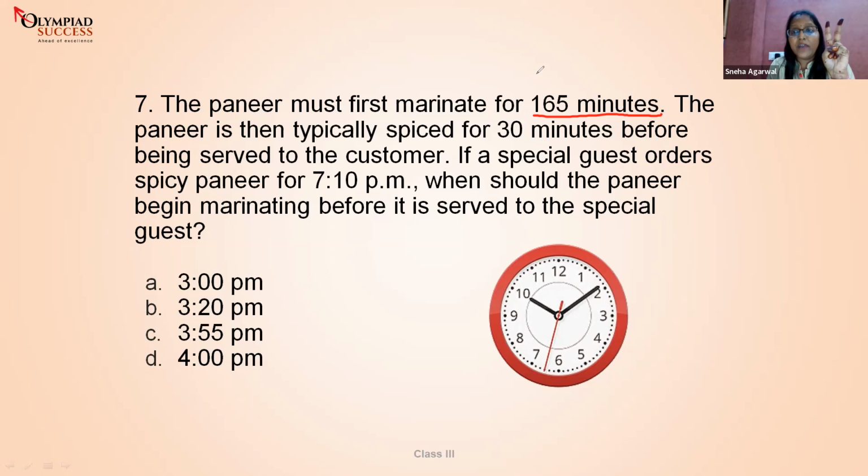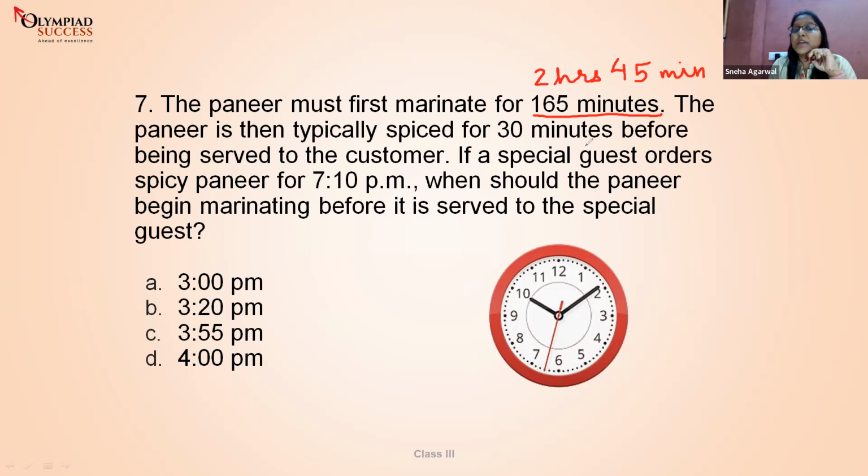In 2 hours we have 120 minutes. So this is 2 hours. And we are still left with 45 minutes, right? So this is 2 hours 45 minutes. That means the paneer must marinate for this much time, okay?